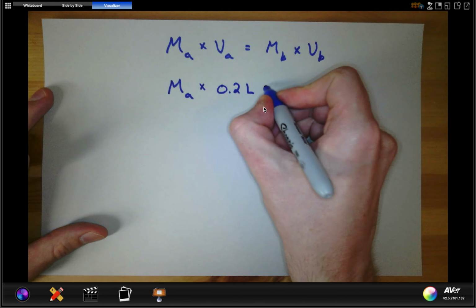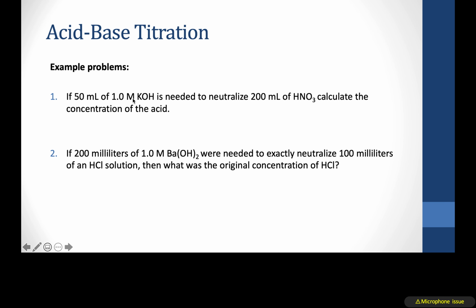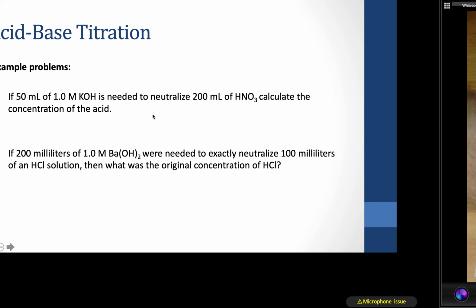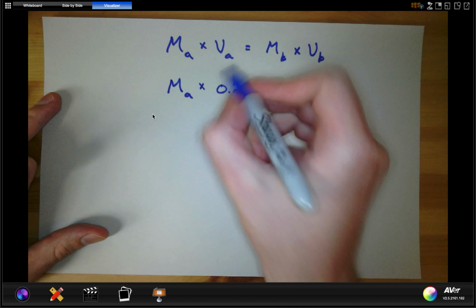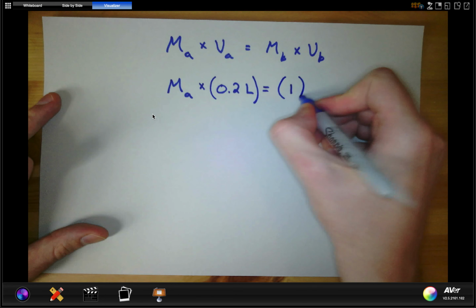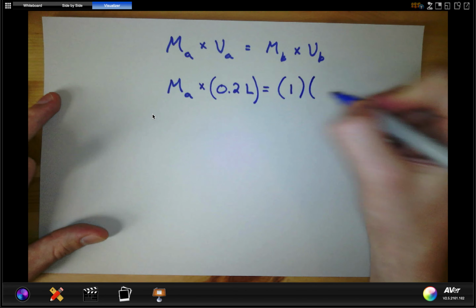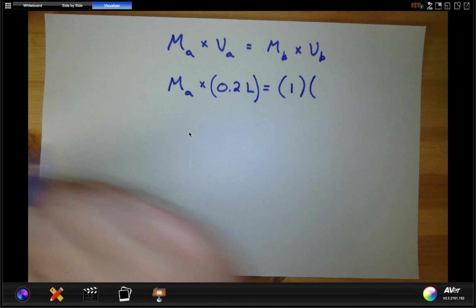That's equal to molarity of the base. Let's look back. KOH, that's our base. The molarity is 1. That's easy. So 1. Maybe I'll put these in parentheses so it's easier to see. And the volume of the base, 50 milliliters, which is the same as 0.05 liters.